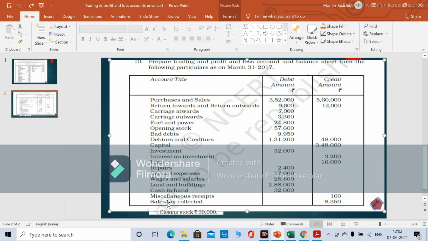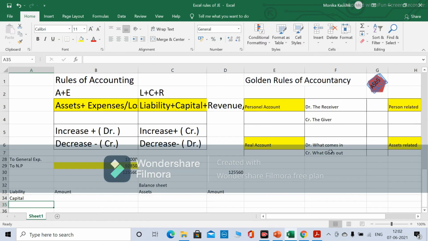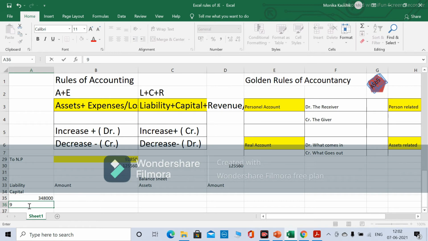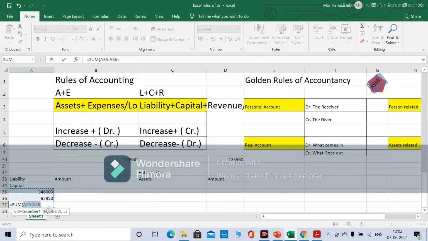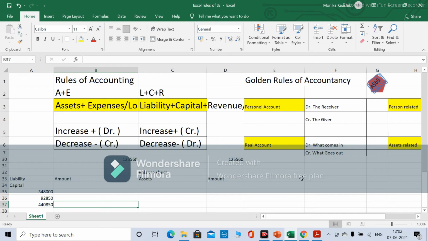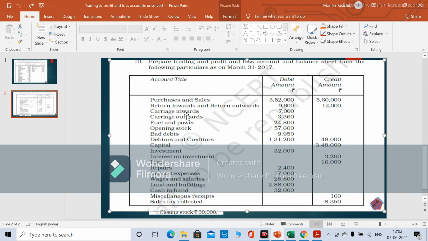Capital plus net profit. So, purchase return, this, bad debts, debtors and creditors. Capital is 3,48,000. 3,48,000 plus net profit. Net profit is 92,850. I'm adding this. So now the total will be this one. Next.